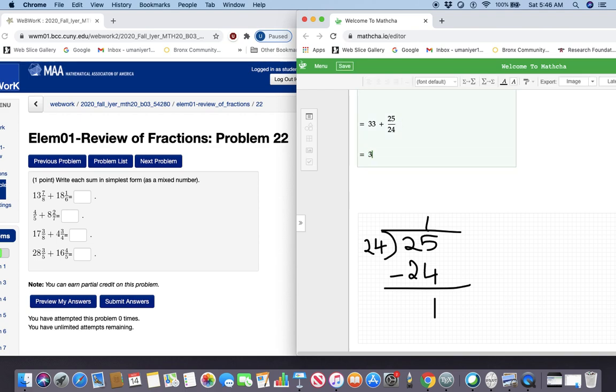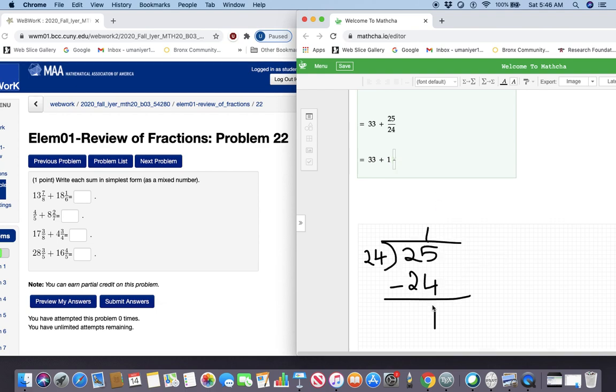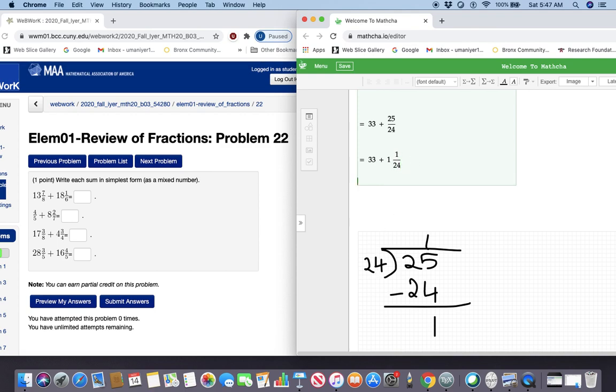I'll write the 33 as it is plus this fraction: the whole part 1, followed by the fraction 1 over 24. The remainder is the numerator, and it gives you the fractional part with the same denominator. You understand the meaning of this.